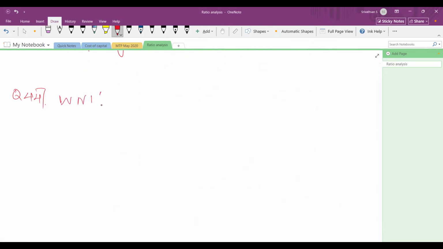Question number 44. Working note number 1. Current asset and current liability. There is something called gross working capital and net working capital. Gross working capital includes all your current assets only. Net working capital is current asset minus current liability. We will study that in next chapter, working capital management.